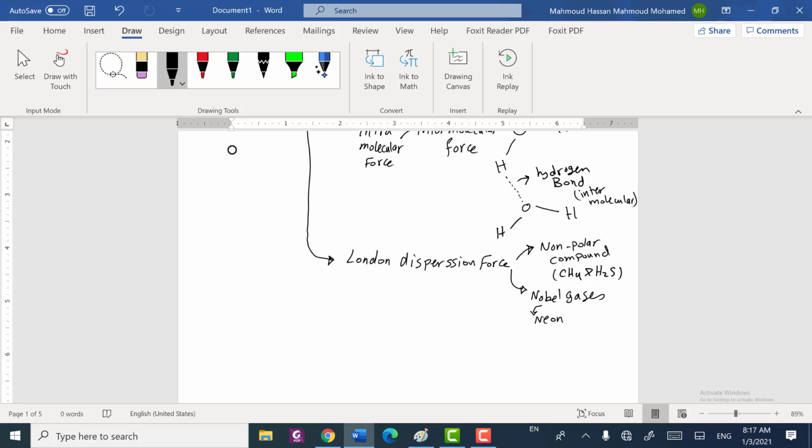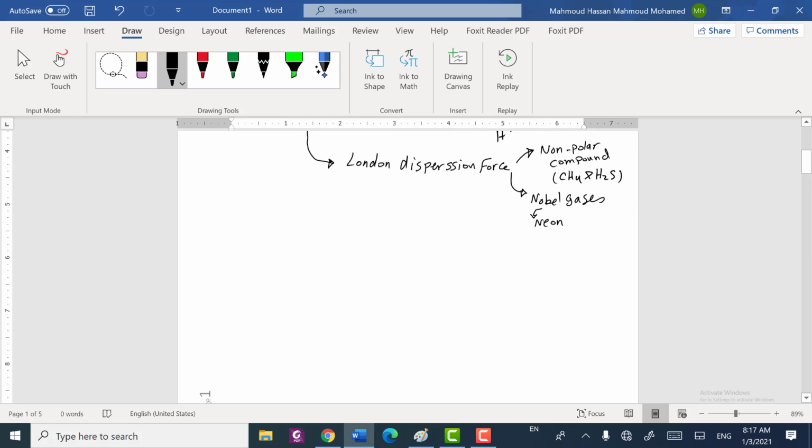So we are going to talk about the attraction inside liquids and the properties of liquids before talking about the solid. Liquids: we are going to characterize the liquid according to droplet shape, according to the shape inside the capillary tube, and the boiling point and viscosity as the physical properties of the liquid.